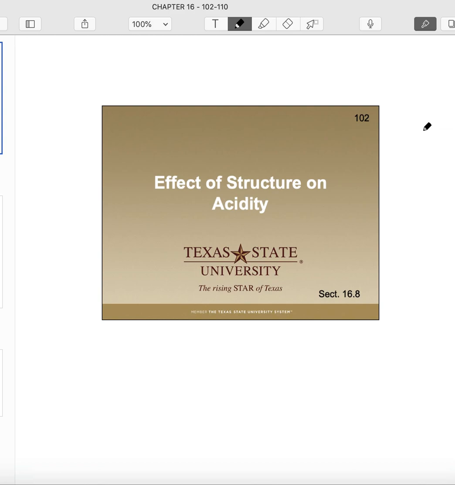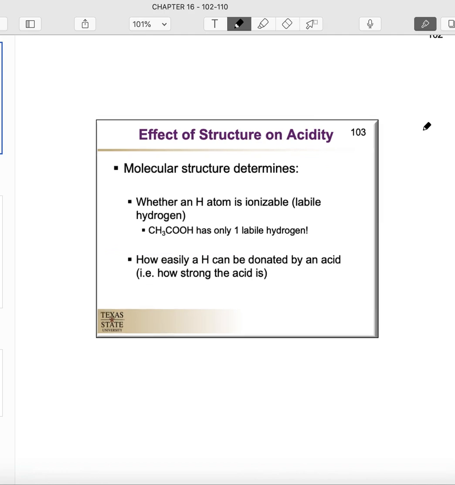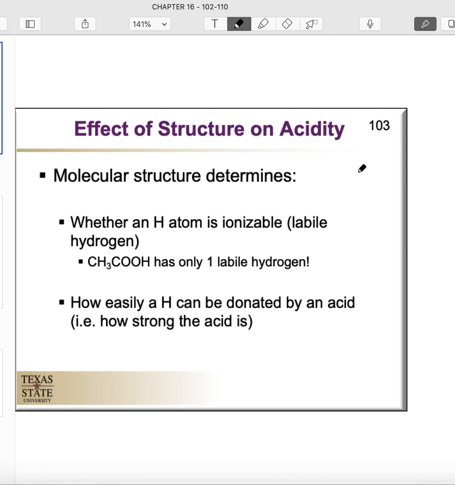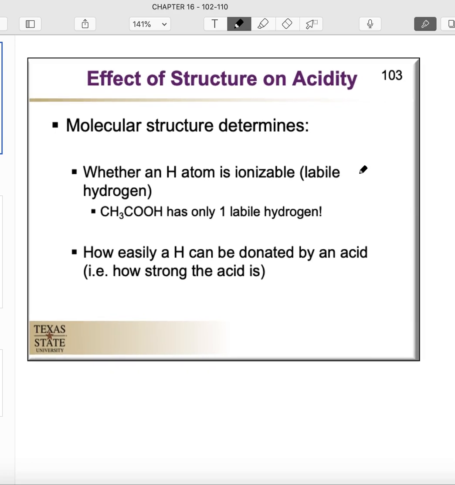So, the effect of structure on acidity. We can start here by thinking about the fact that the molecular structure determines whether a hydrogen atom in a molecule is ionizable at all, meaning that the molecule might have many hydrogens, but only some of them might actually be what we call labile hydrogens, meaning that there are hydrogens that can be donated.